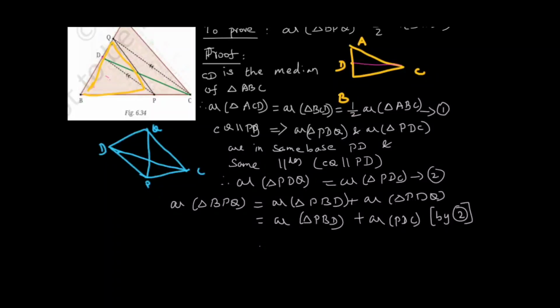Joining these two, we are getting area of triangle BCD. So look at our first equation. Area of triangle BCD is equal to half of area of the full triangle ABC. We got this by the first equation. Hence proved.